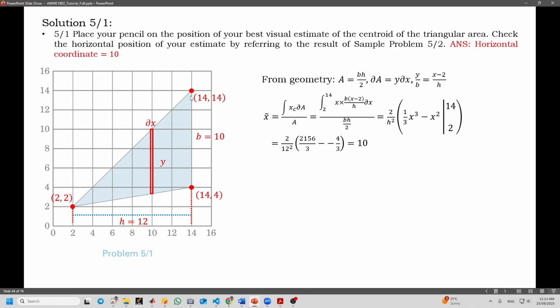So let us find the area of the triangle first. How much is the area of the triangle? It's the b, which is this length, times h over 2, bh over 2.